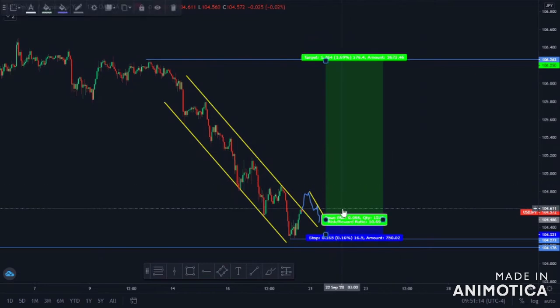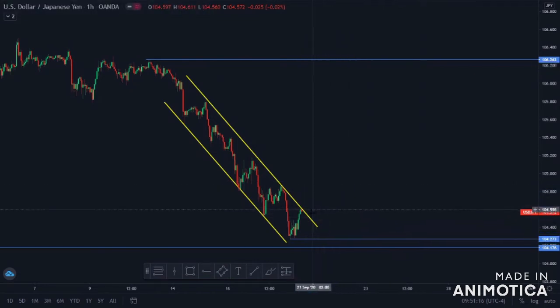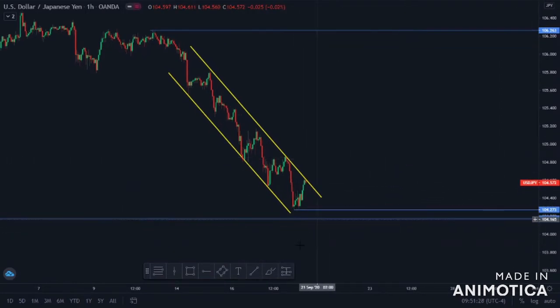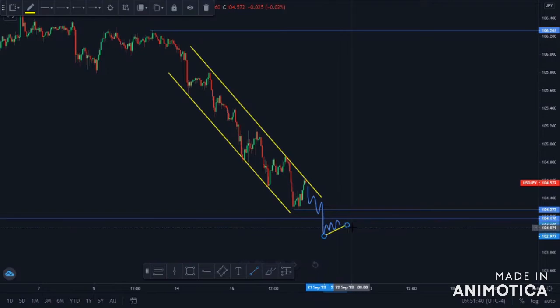Okay, so you could either wait for a break and a retest of the trend line to go long, or you could wait for price to move lower and respect this double bottom or the outer structure. Okay, but if price obviously decides to break through that, okay, then obviously we're just looking for a retest right up here.